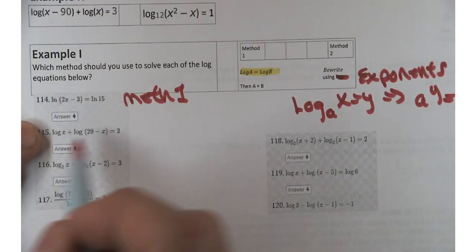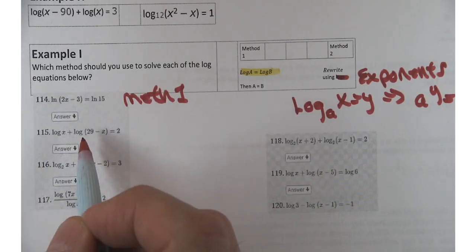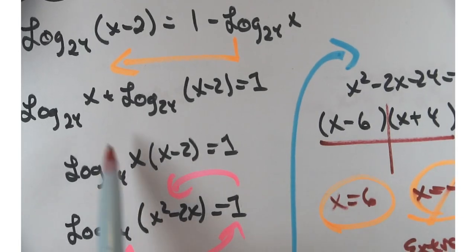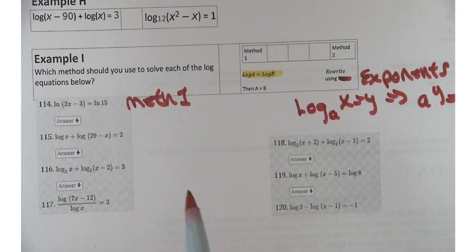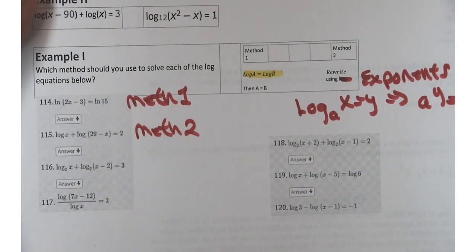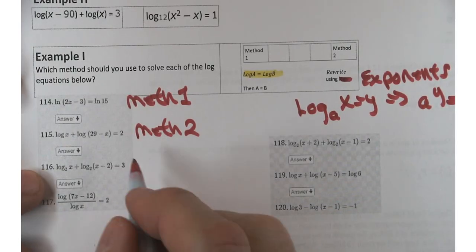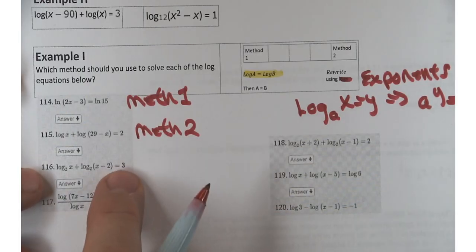Now, before you use method 1, you'd have to bring these two terms together like we did with our last one, like Antonio did, brought those two together as a product. So that'd be a method 2. How about the third one? Again, that term doesn't have a logarithm around it, so that's going to be a method 2 problem.